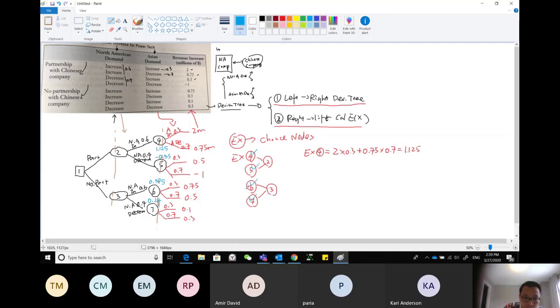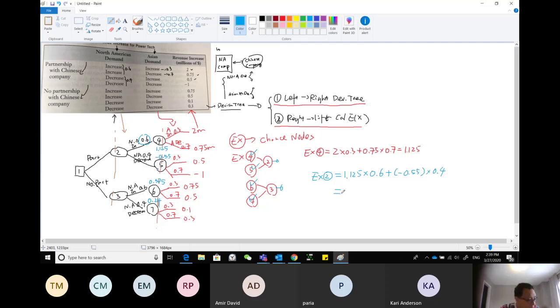So from this, we can calculate the expected value for 2 and 3. For example, for 2, that will be equal to the value at node 4, which is 1.125, times the probability, which is 60% of the chance, plus minus 0.55, that's the expected value at node 5, times 40% of the chance, right?